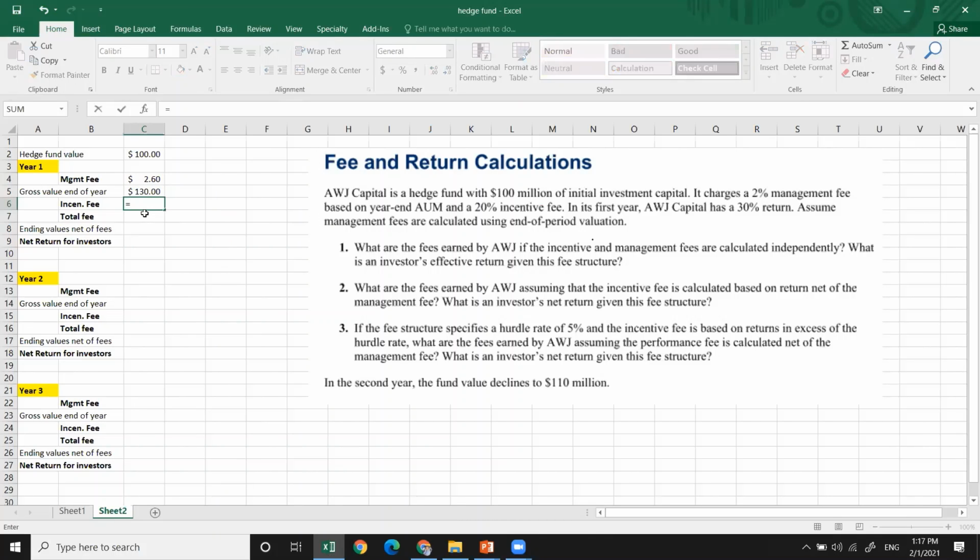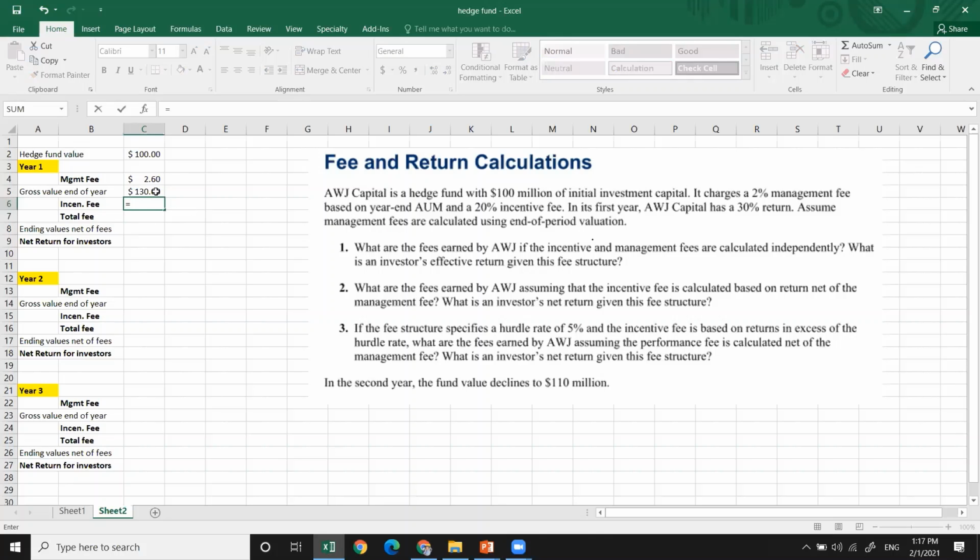So for the incentive fee, you tell me, we don't have any management fee, we don't have any hurdle rate condition. So what is the calculation of the incentive fee here?